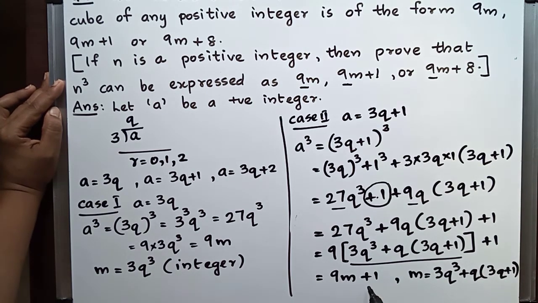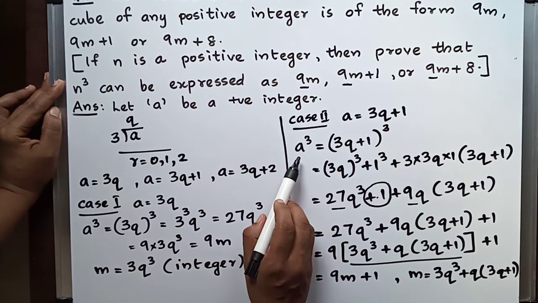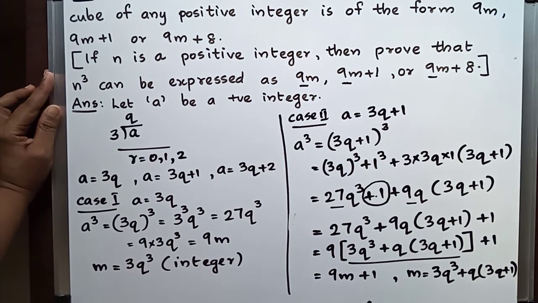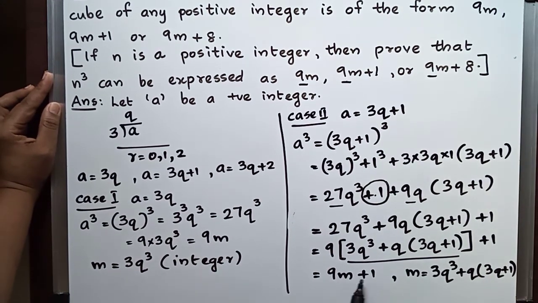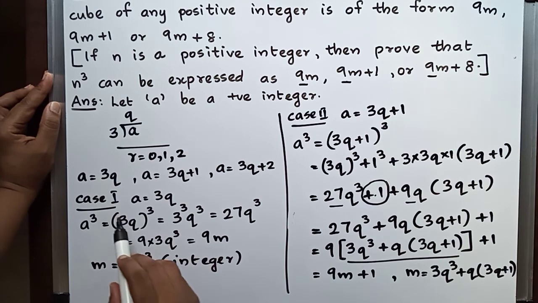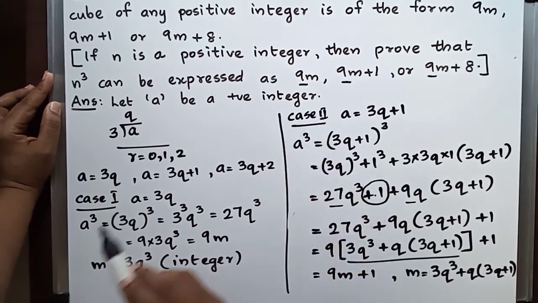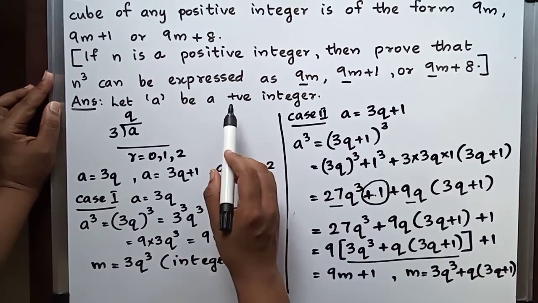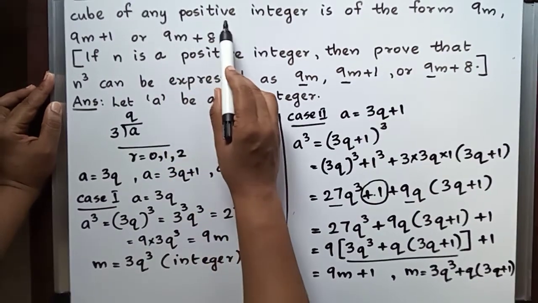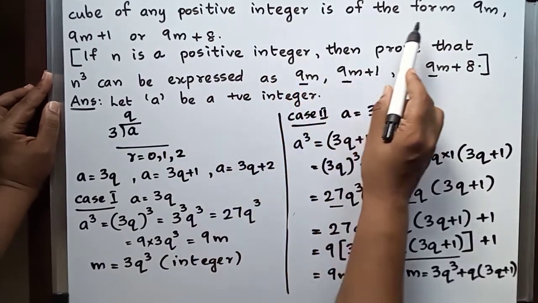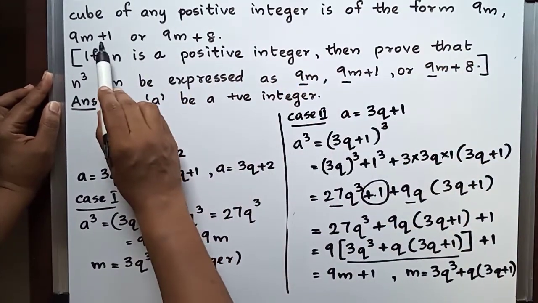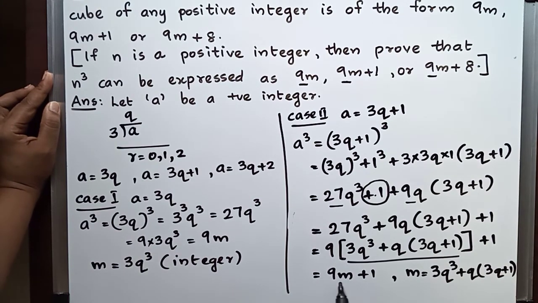Anyway, we could represent the cube of a number like 9m plus 1. So what have we concluded from case 1 and case 2? The cube of any positive integer is of the form 9m and 9m plus 1.